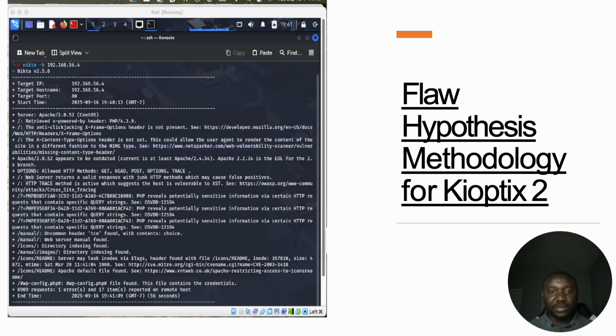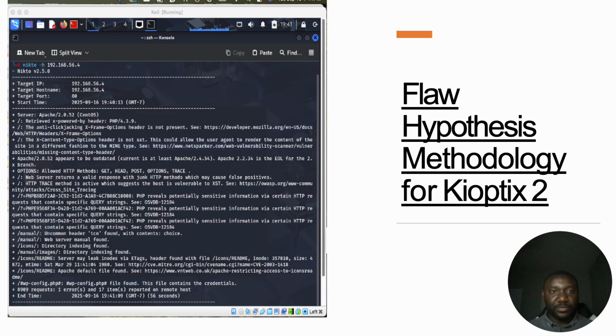So as I mentioned earlier, for the fraud hypothesis, we basically found several issues or flaws about our target, which is Capital 2.